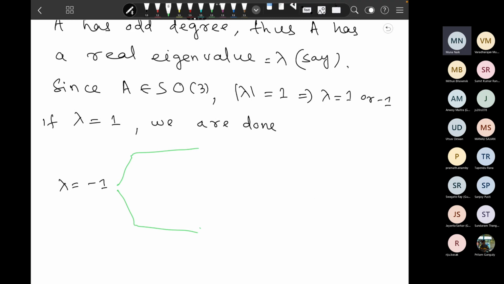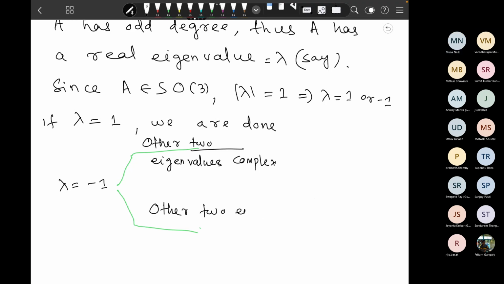The other two eigenvalues are either complex or real. If one eigenvalue is complex, then eigenvalues occur in complex conjugates, so two eigenvalues have to be complex.